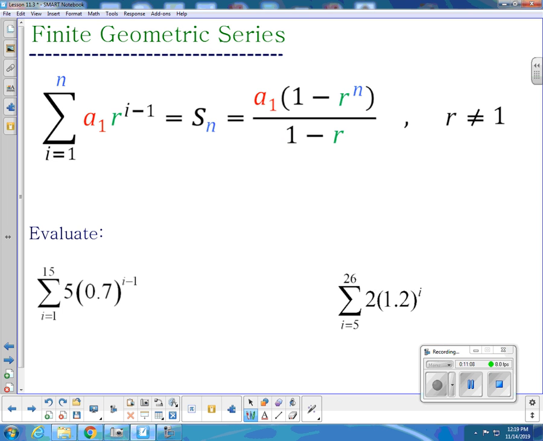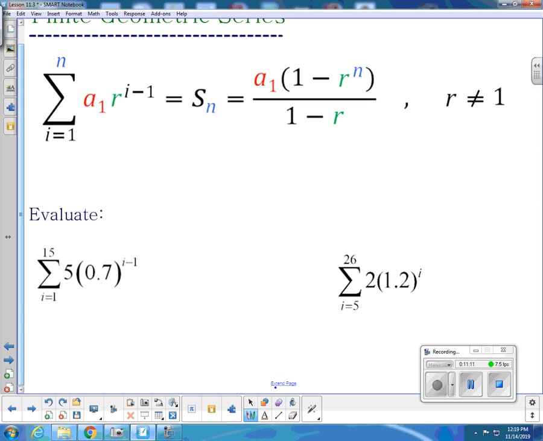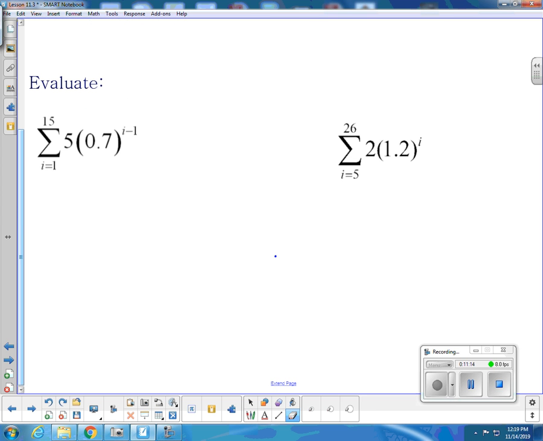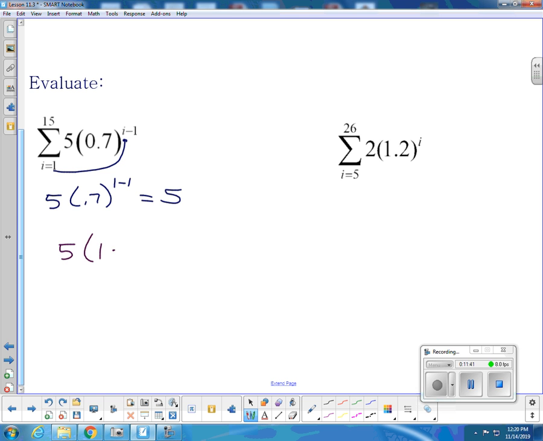Okay, so let's look at this example. You need to find your first term. So the first thing I'm going to do is evaluate my sequence with whatever number you have here. So that equals 5. This is the first term. We have a nice little geometric sequence written. And then you're going to find the sum. So it's the first term times 1 minus the ratio. What's the r value here? 0.7. The ratio is that base. Raised to, how many terms do I have?